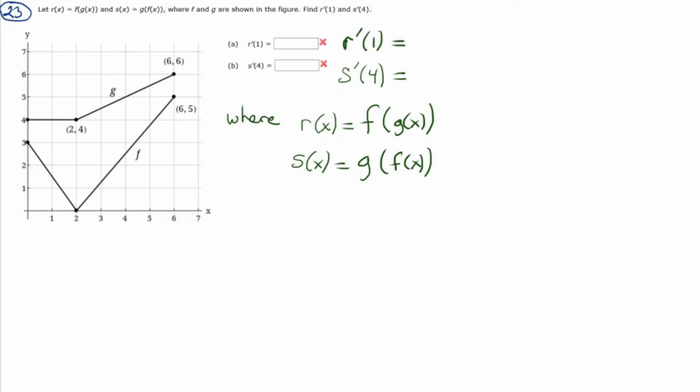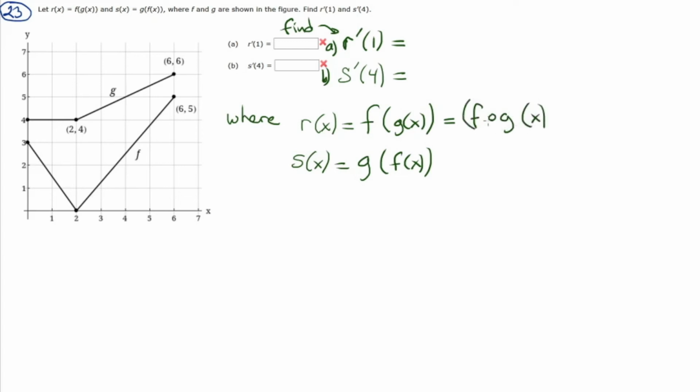Okay, so yeah, we want to find, right, this is part A and part B. Okay, so r of x is f of g of x, and just to remind you, because this book prefers to write it this way, and I do too, but some books will write it as f circle g of x.